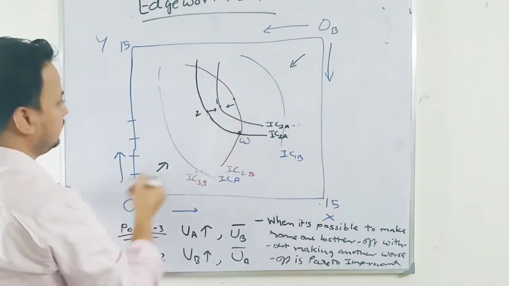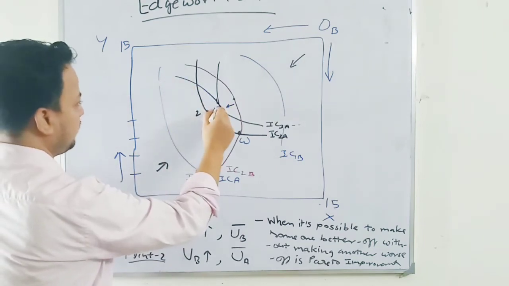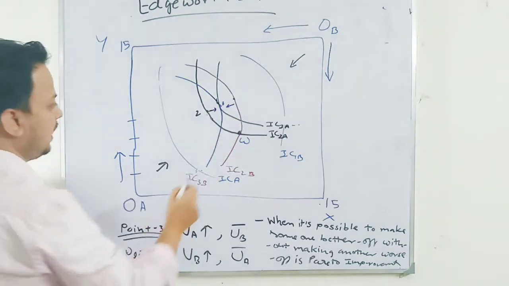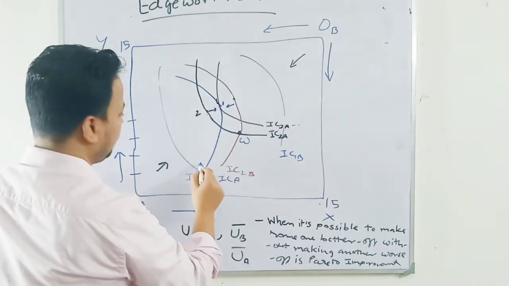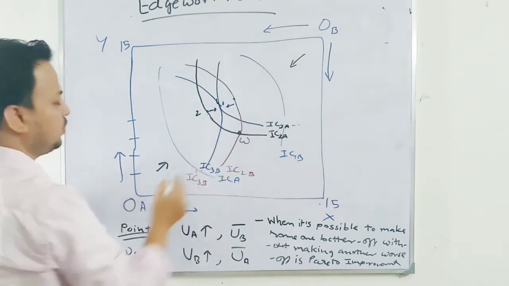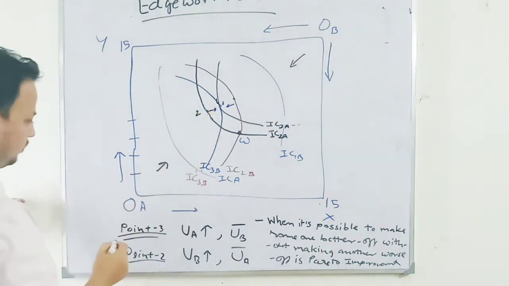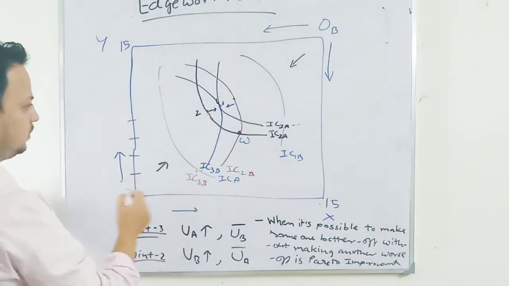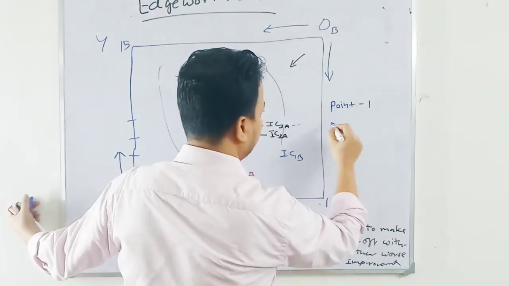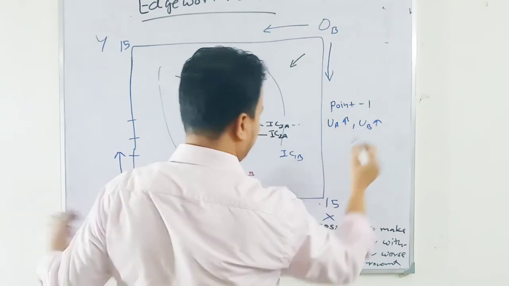I am drawing with blue pen. Red pen is not working. So at point number 1, I am able to increase utility of consumer B also and consumer A also. Let me write here. Point 1, utility of A increases and utility of B increases.